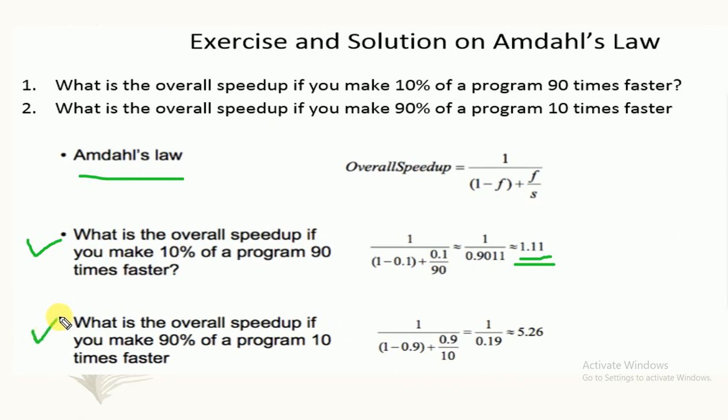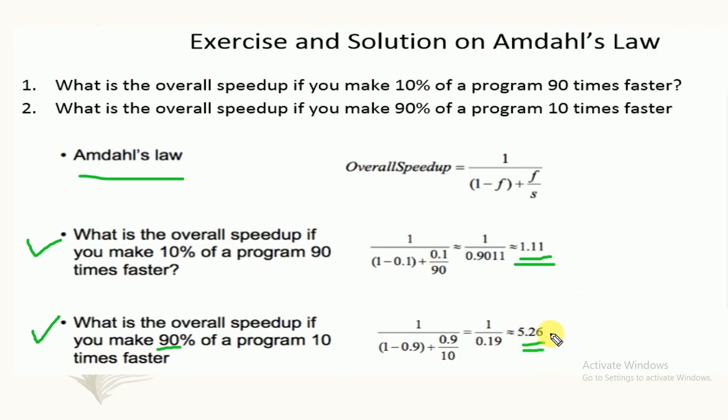Then for the second program, what is the overall speedup if you make 90% of a program 10 times faster? The opposite of this one. What is the difference here? 1 divided by (1 minus 0.9) plus 0.9 divided by 10, which is 1 divided by 0.19, which is equivalent to 5.26.